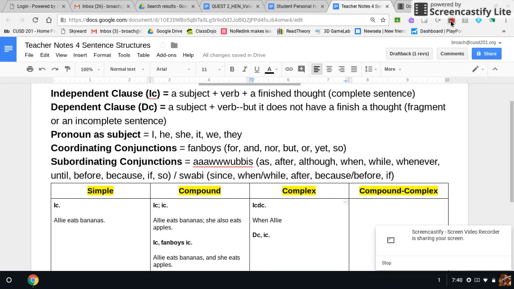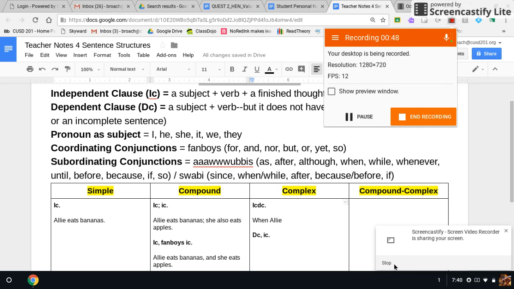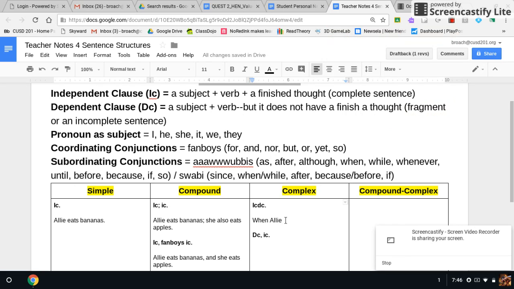If I want to create a complex sentence, I'm going to use one of these subordinating conjunctions. I'm going to use one of these Awubis words, or one of the Swabi words, which are the same words. It's just a different way to remember them.